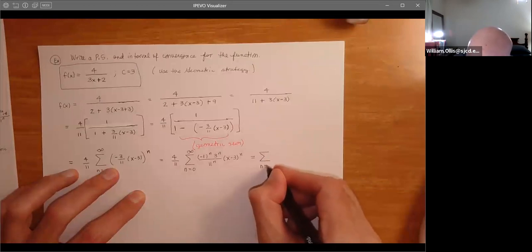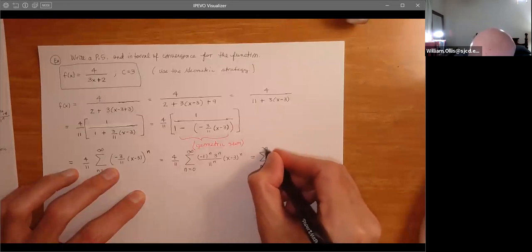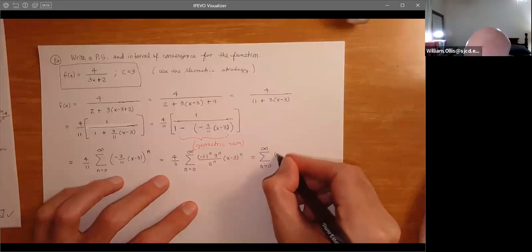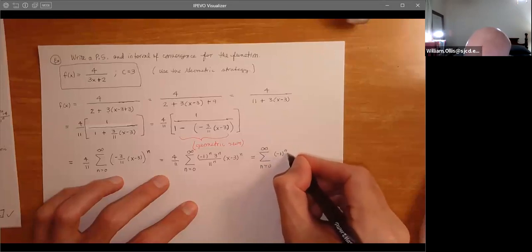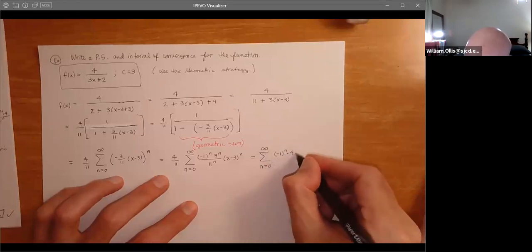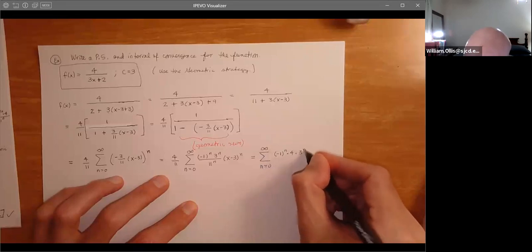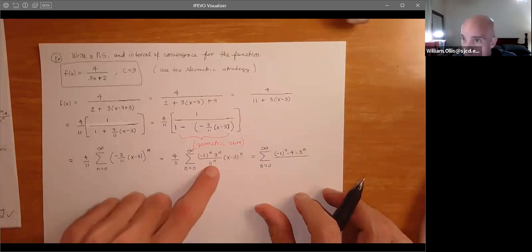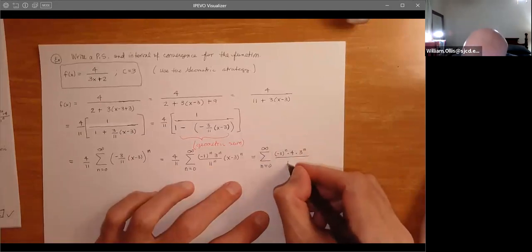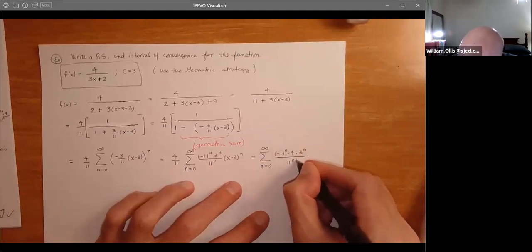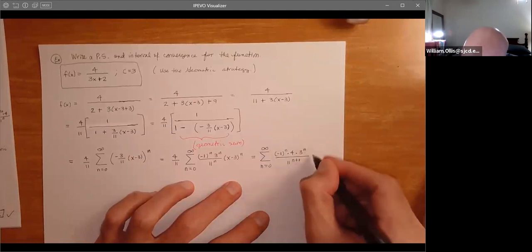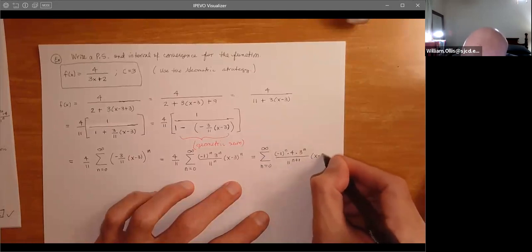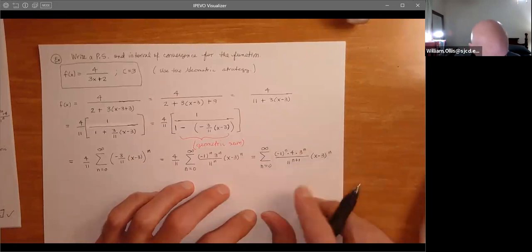But if you want to bring everything internal, using basically properties of sums, we'll have -1 to the n times 4 times 3 to the n. And then, of course, downstairs, we're going to have one more copy of the 11. So we have 11 to the n plus 1, x minus 3 to the n.